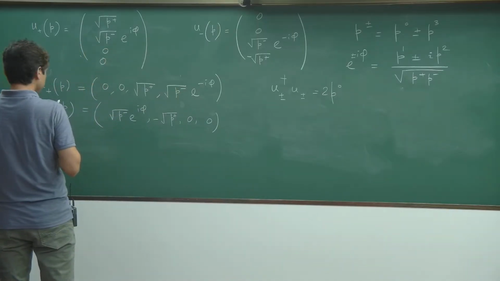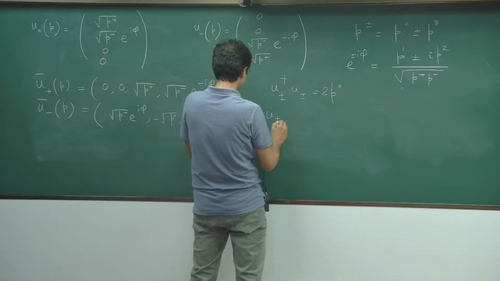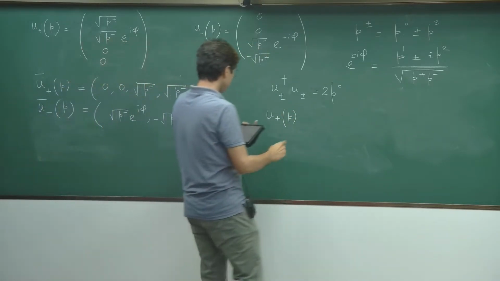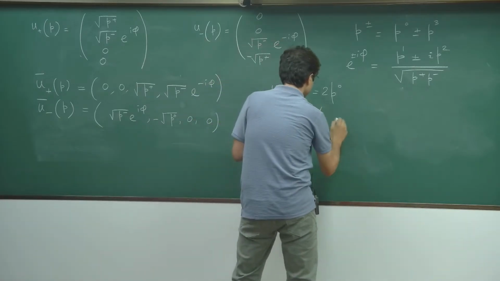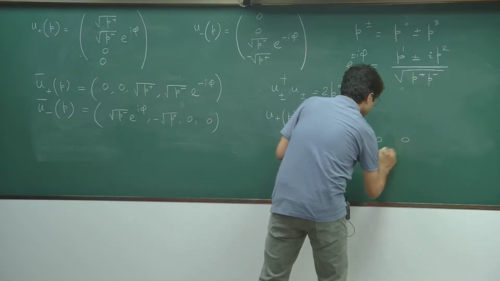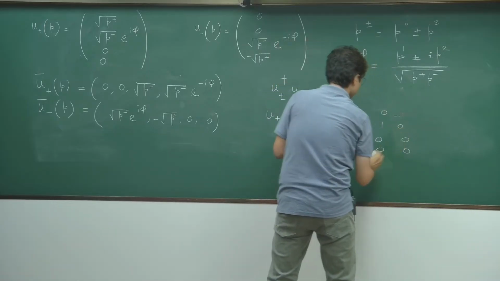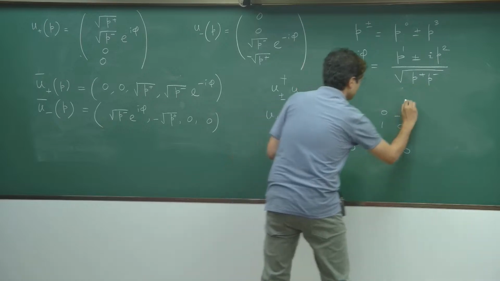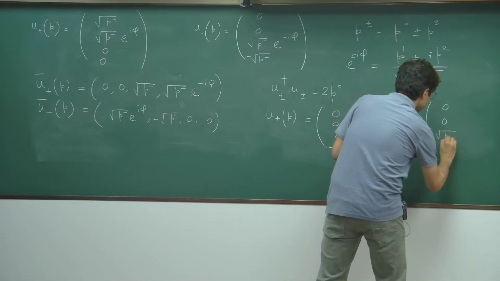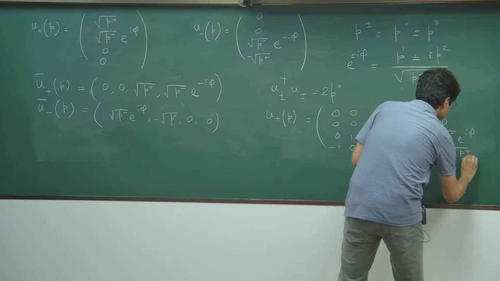All right. Now one interesting thing to see is that this u plus p, which is written here, can be expressed like this: 0 0 0 0 times 0 0 root over p minus e power i phi, minus p plus.